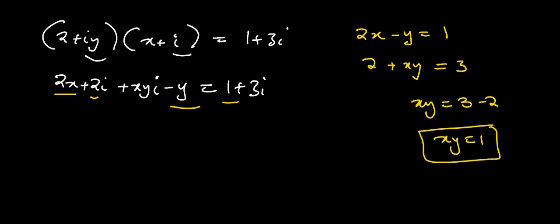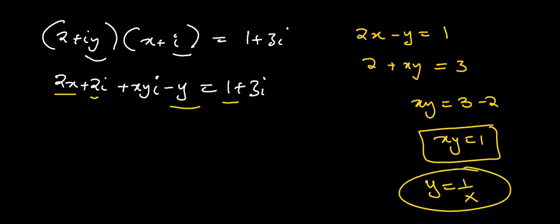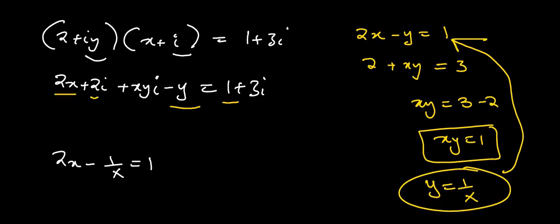So I'm going to make y the subject there. y is equal to 1 over x. So that I can replace in the first formula, which is just the same as 2x minus, where there's y, I can put 1 over x is equal to 1.